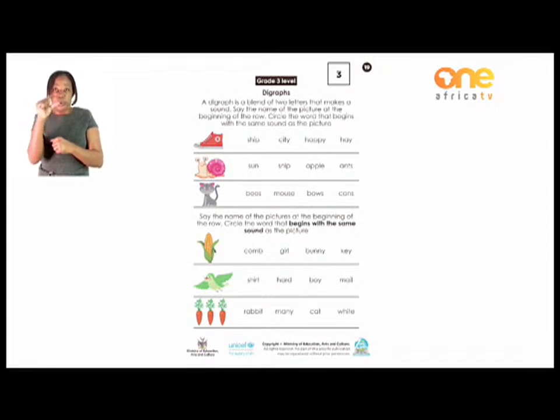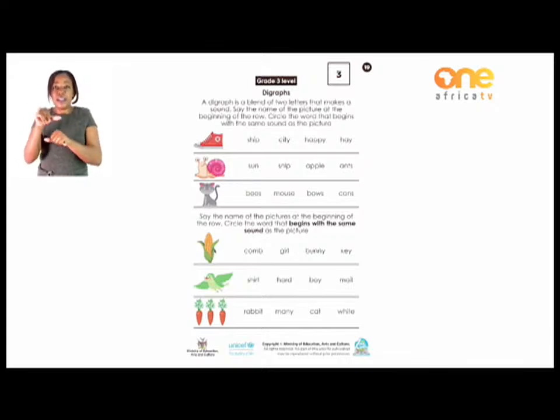Okay, you say the name of the picture at the beginning of the row first. After you have done that, then you have to circle the word that begins with the same sound as the picture. The first picture, what is that picture? That is a shoe. What sound does the shoe give us? The 2 letters that come together, and when they come together, which sound do they give us?